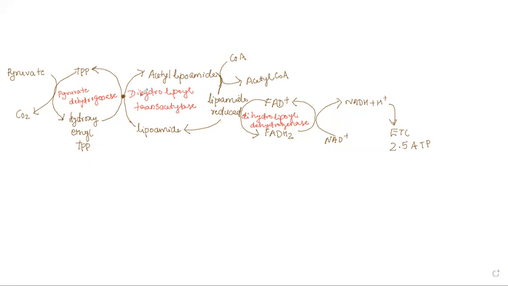Then the second enzyme of the complex, dihydrolipoyl transacetylase, catalyzes the conversion of this hydroxyethyl TPP into acetyl lipoamide. From this acetyl lipoamide, the acetyl group is transferred to coenzyme A to form acetyl CoA.